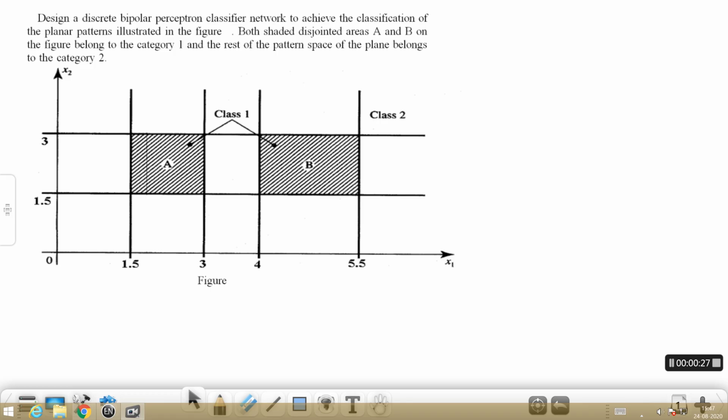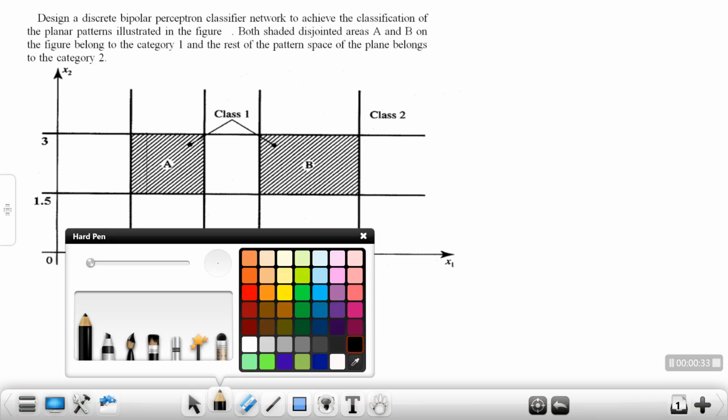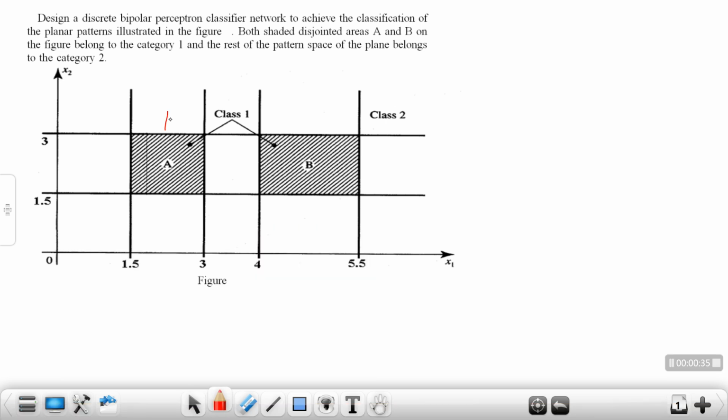So you can see two shaded regions and both of them are disjointed. They are not joined. So you have region A and this is region B. If a point lies in region A, or if a point lies within region B, then it belongs to class 1.